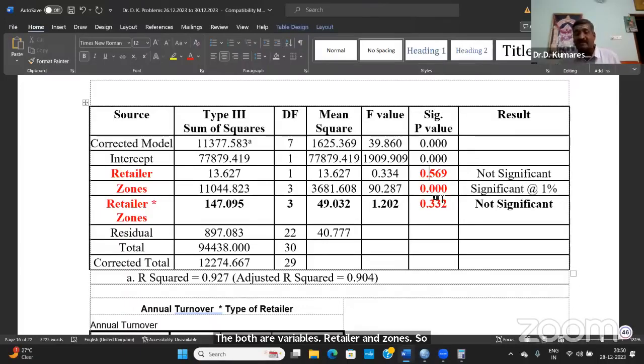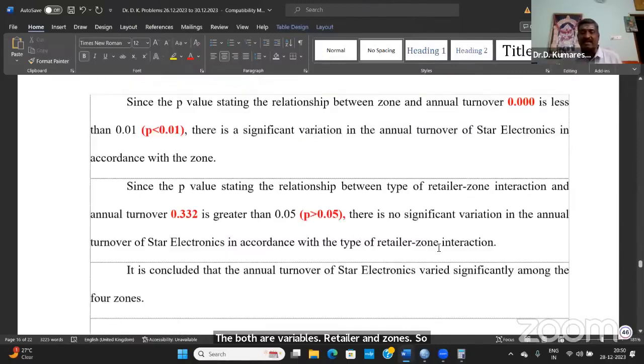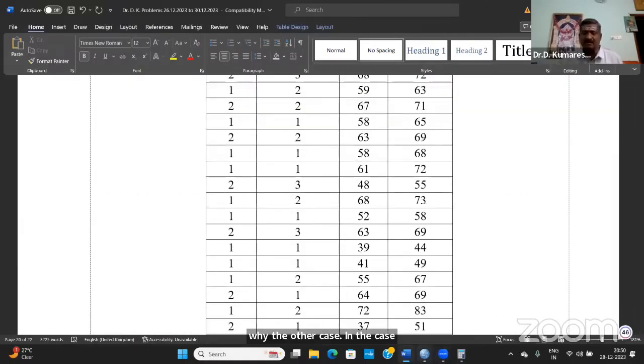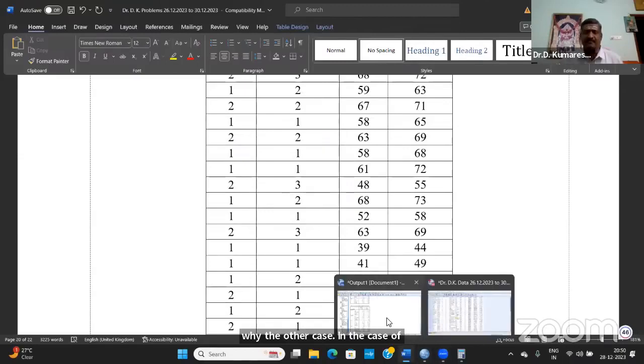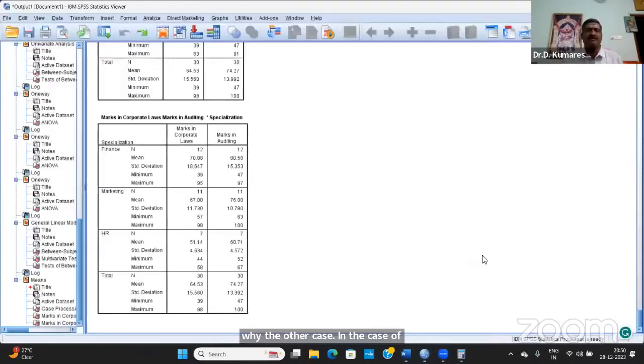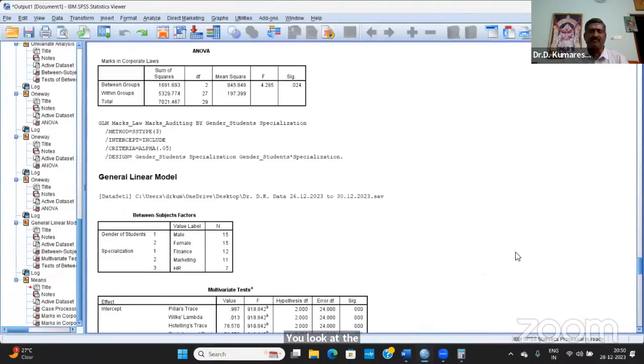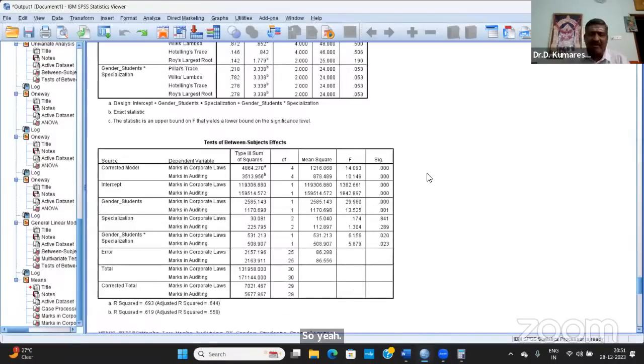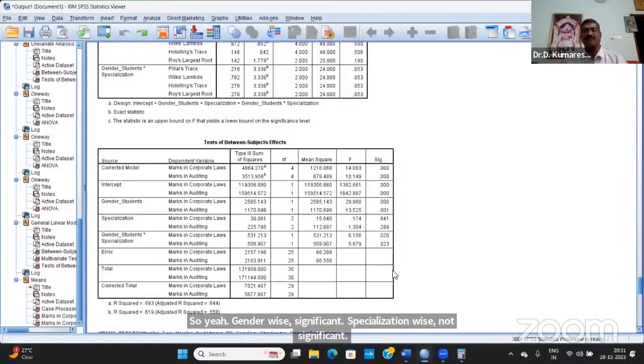So that is why, in the other case, in the case of Manova, you look at the results. See here, gender-wise significant, specialization-wise not significant, but again interaction-wise significant.